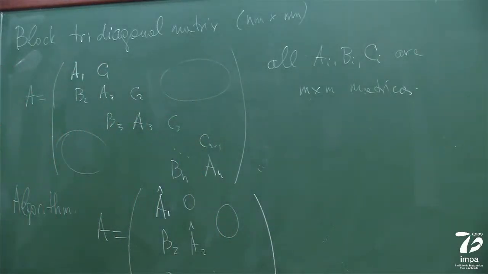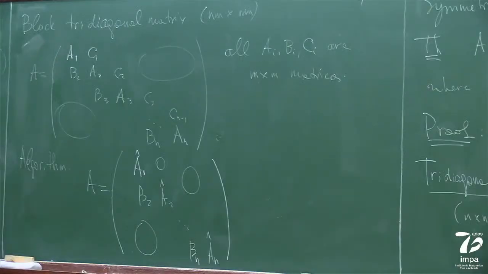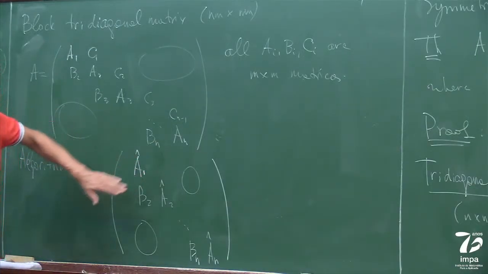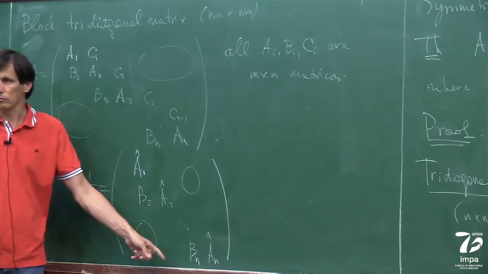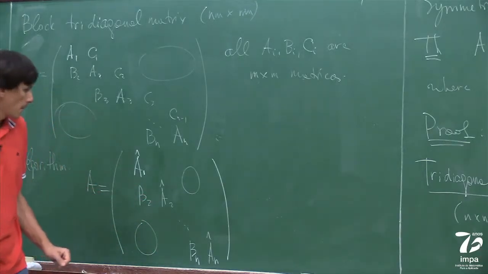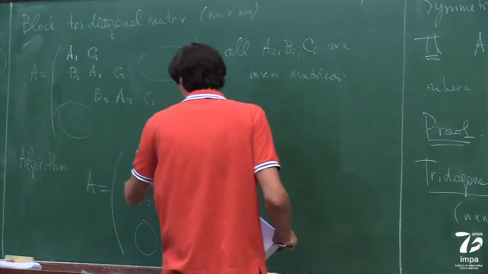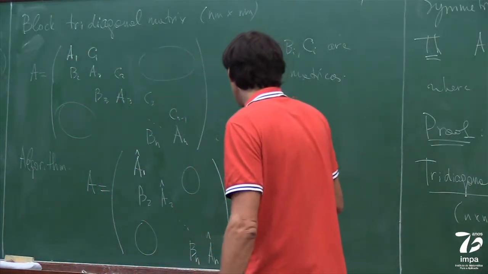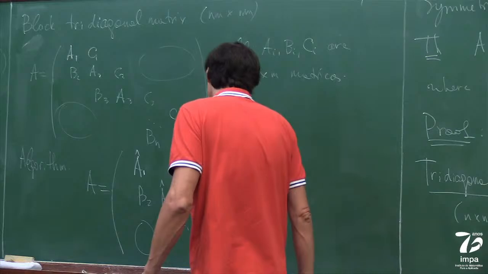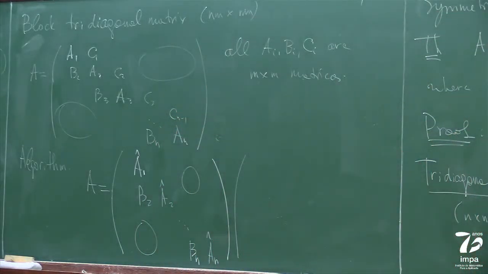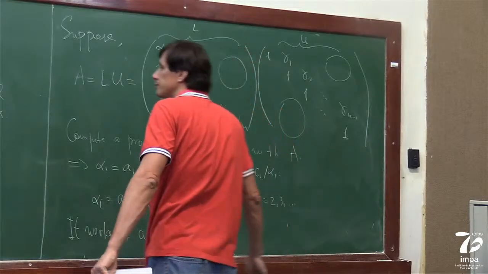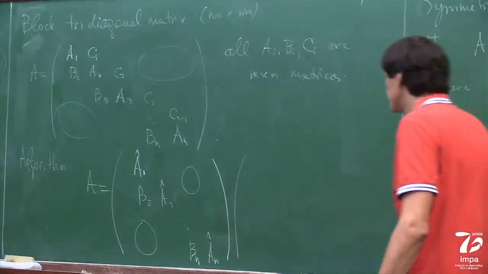So this is L, and it's kind of L because it's not lower triangular, it's lower block triangular, right? So it's blocks. So it's a diagonal formed of blocks, and the analog of U will be what is written here. Instead of 1, we should put the unit matrix. So M by M unit matrix.